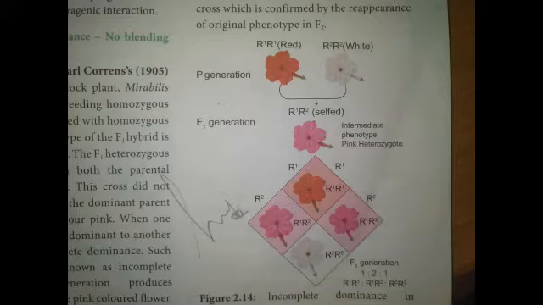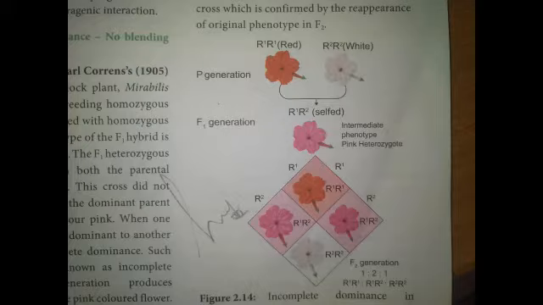In the F1 generation, R1 and R2 are unable to produce more red pigment, so the flower is pink. Two R1 alleles are needed to produce red flowers; similarly, two R2 alleles are needed for the formation of white flowers.